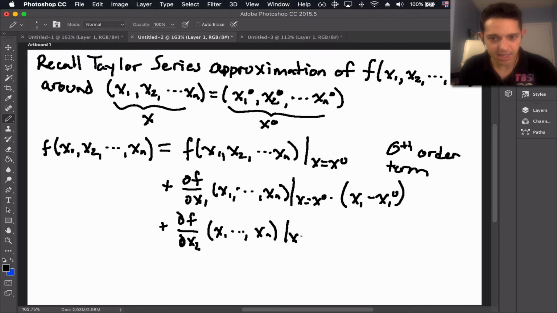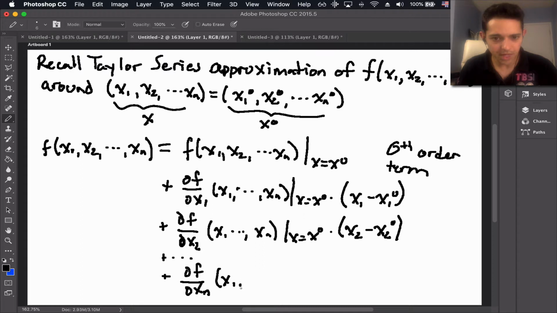Evaluate it at x equals x naught, and then multiply that by x2 minus x2 naught. All right, and then we'll do that for all the remaining terms all the way up to the nth argument, xn, which has the exact same form here.